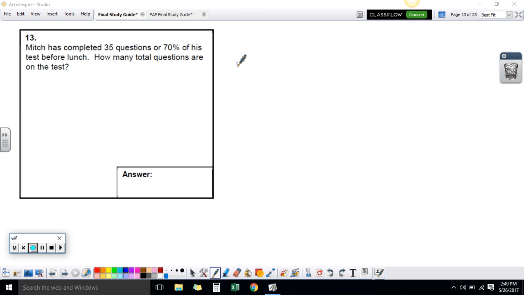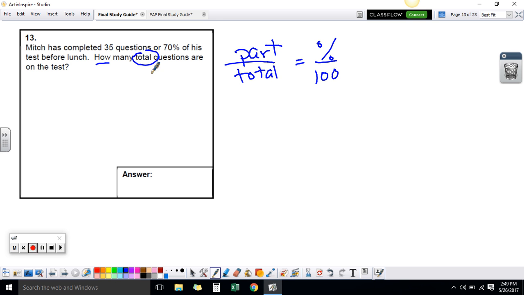Number 13, Mitch has completed 35 questions, or 70% of his test before lunch. How many total questions are on the test? Okay, so this brings us back to our part over total equals percent out of 100. Since the question is asking for our total, we know that we don't have that amount.